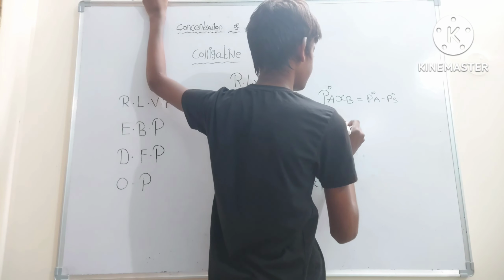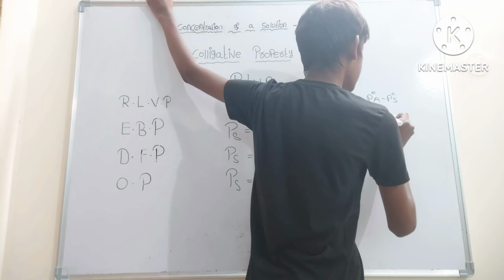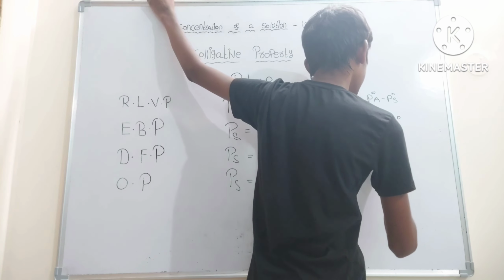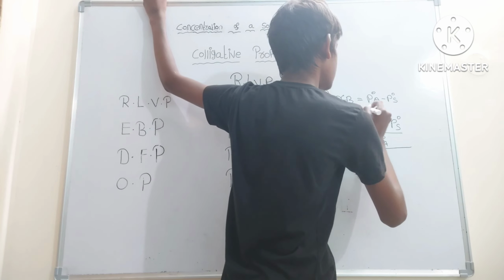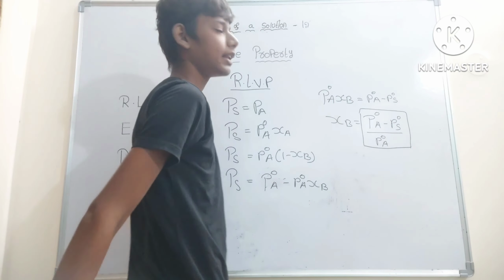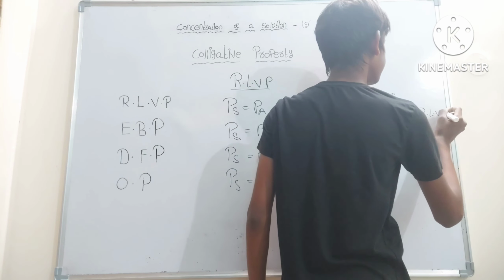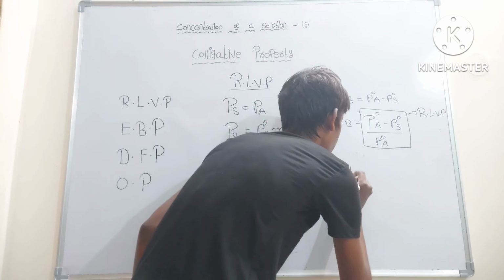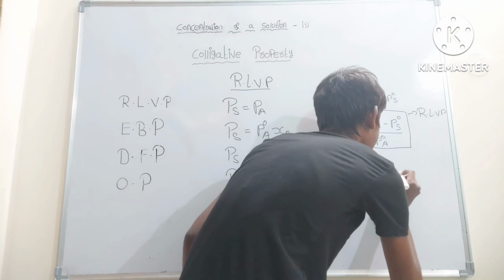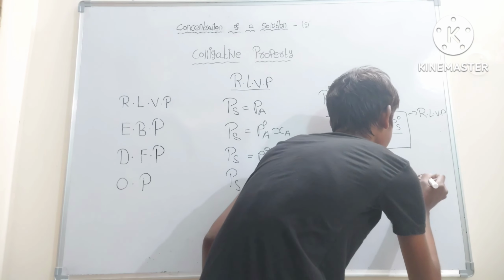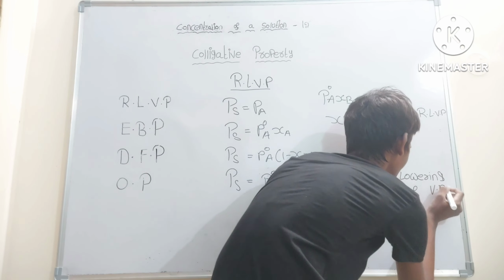XB is equal to P naught A minus PS by P naught A. Its name is relative lowering in vapor pressure, R.L.V.P. And what is P naught A minus PS? It is the lowering of vapor pressure.